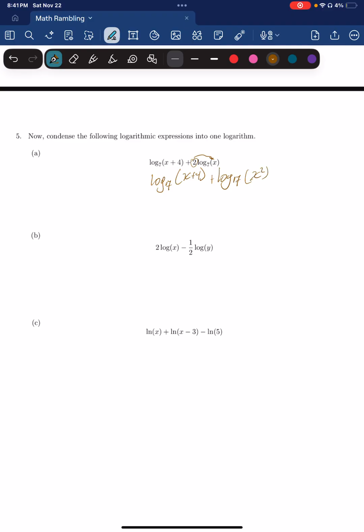And now I can combine these into one logarithm, and it's going to be with multiplication. So log 7 of x squared times x plus 4. And I can distribute that x squared. So we get log 7 of x cubed plus 4x squared. Done.